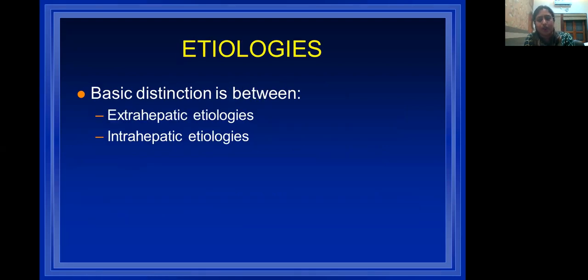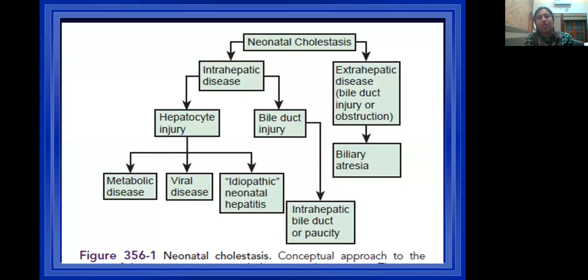Coming to the etiologies, neonatal cholestasis is caused by extrahepatic and intrahepatic etiologies. When it is caused by intrahepatic disease, there could be an injury to the hepatocyte per se, or a bile duct injury.